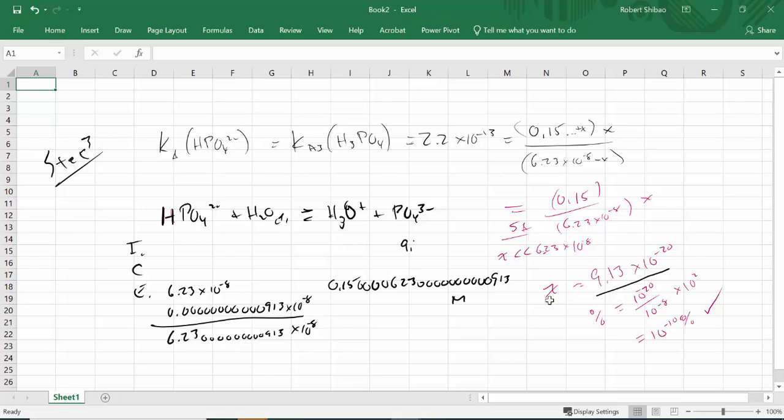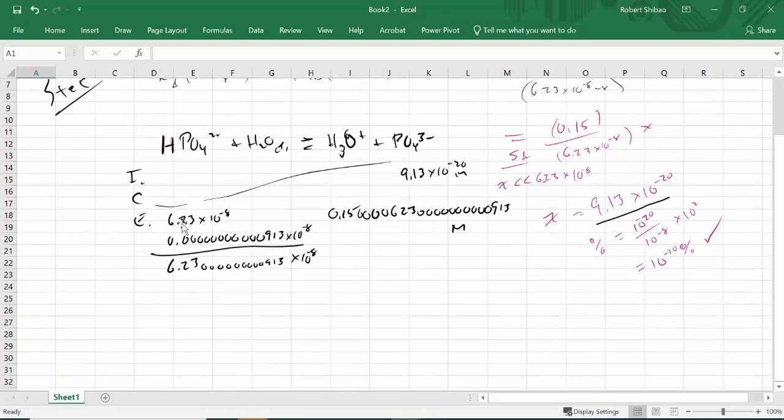The phosphate concentration is going to be at equilibrium 9.13 times 10 to the minus 20 molar. And so these are my equilibrium concentrations here. Finally, we have step 4. Step 4 will be what? Water.